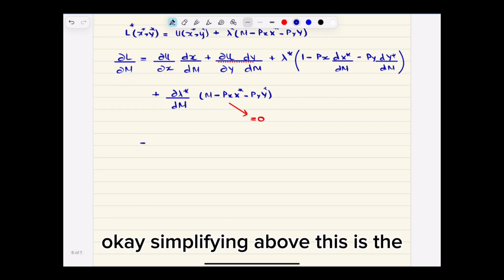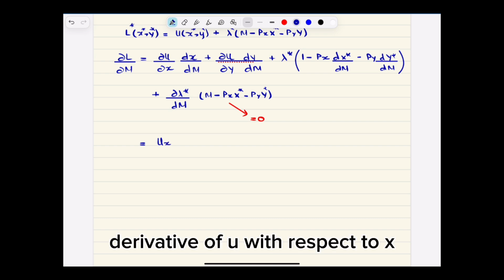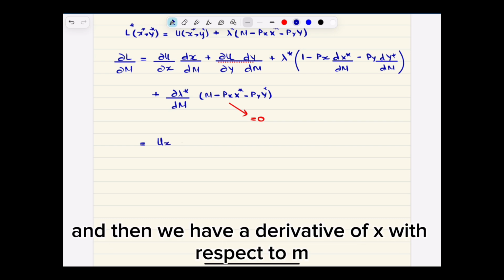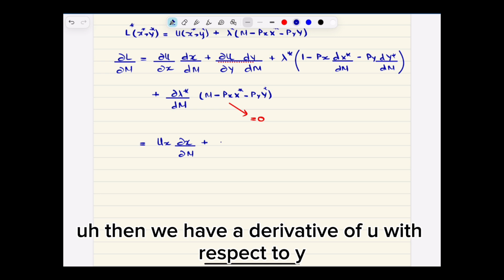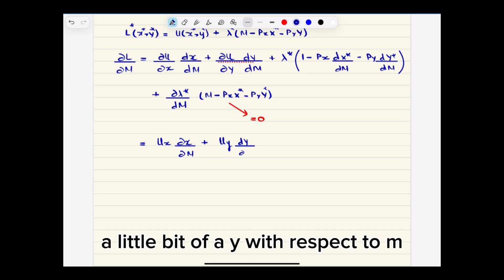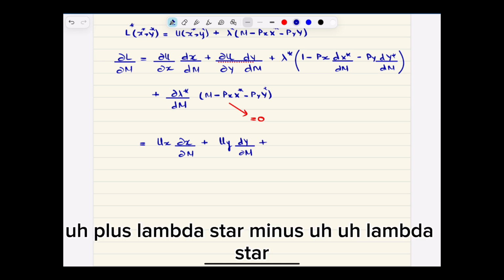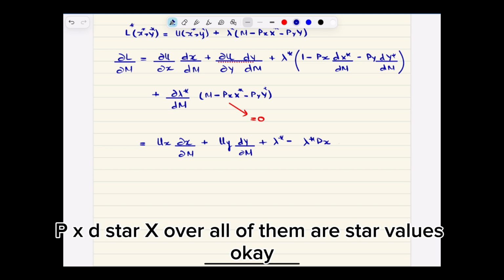Okay, simplifying above, this is the derivative of U with respect to X, and then we have the derivative of X with respect to M. Then we have the derivative of U with respect to Y, the derivative of Y with respect to M, plus lambda star minus lambda star p_x dx star over dM.